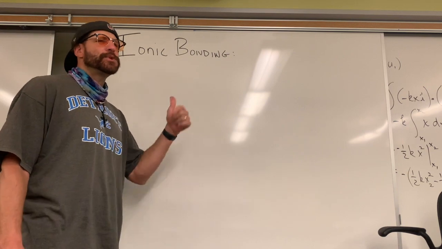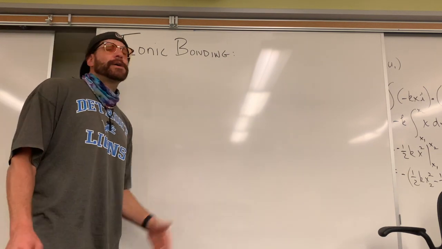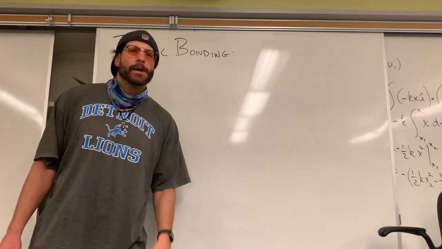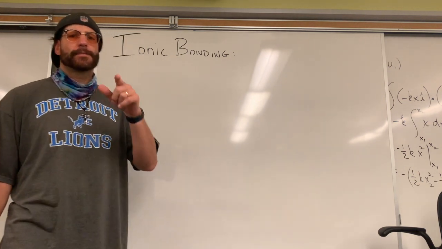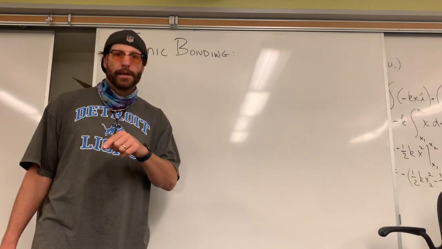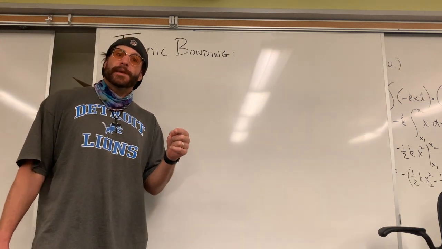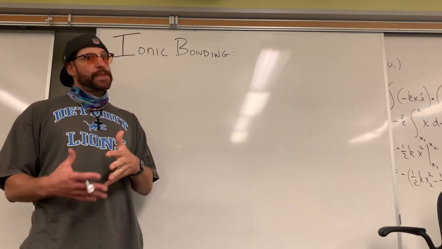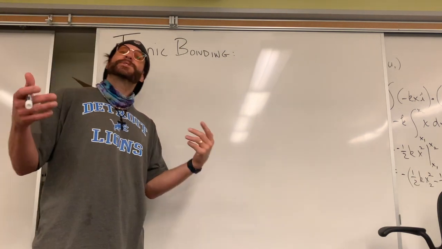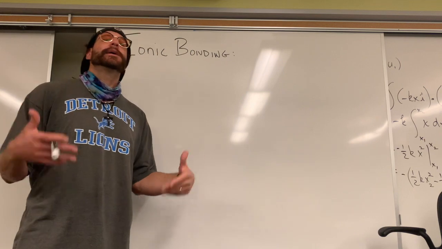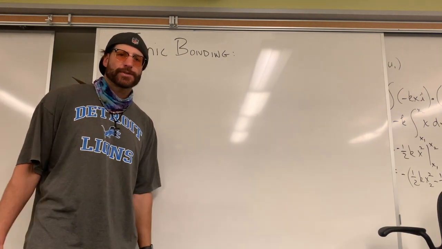So what makes them unique versus every other element on the periodic table? Well, if you think about it, there is something unique about all of those particular elements. They all have a full valence shell. And what we have found is that due to that full valence shell, they really have no inclination to bond. So when we're saying, why do other things bond? It's because they're looking to get a full valence shell.